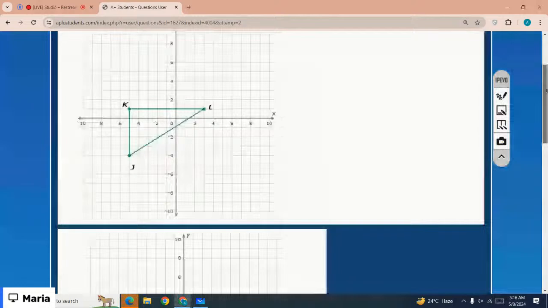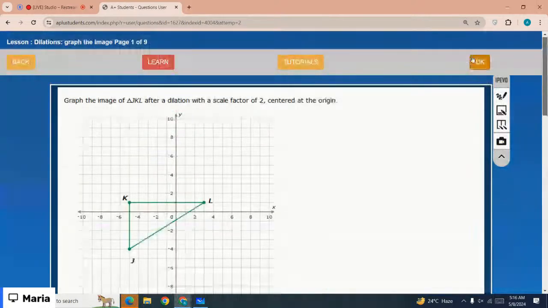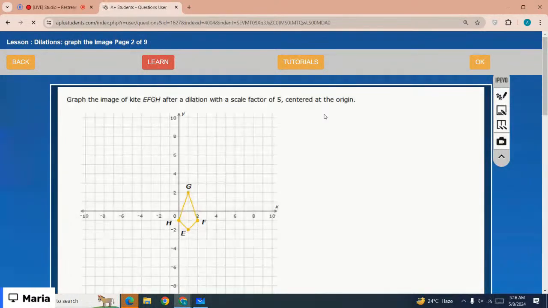Okay, the next one is: graph the image of kite EFGH.